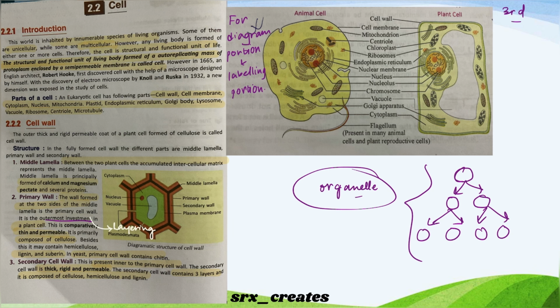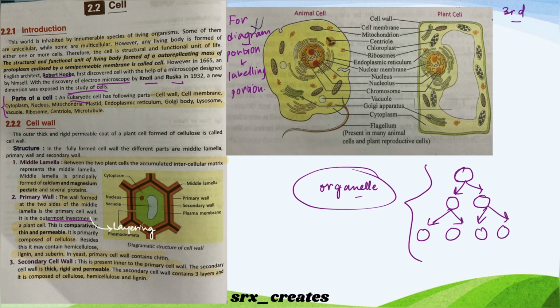Okay. Now this was first discovered by Robert Hooke. Robert Hooke discovered a cork cell, which was dead, of course. Now with the discovery of the electron microscope, Knoll and Ruska gave a new dimension to cells. Now the cell has prokaryotic and eukaryotic types. There are two types of cell.